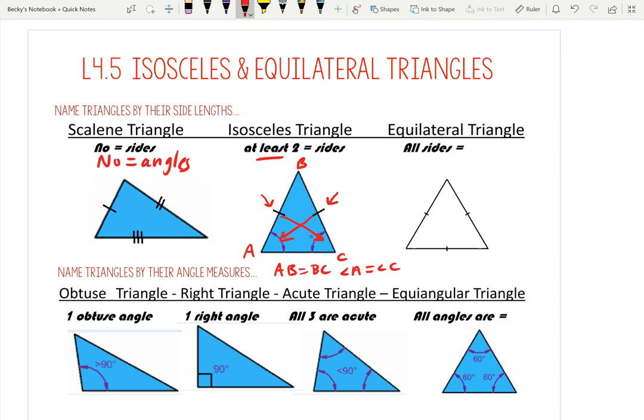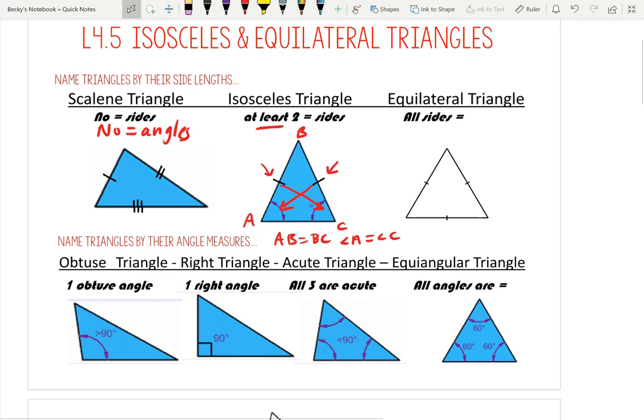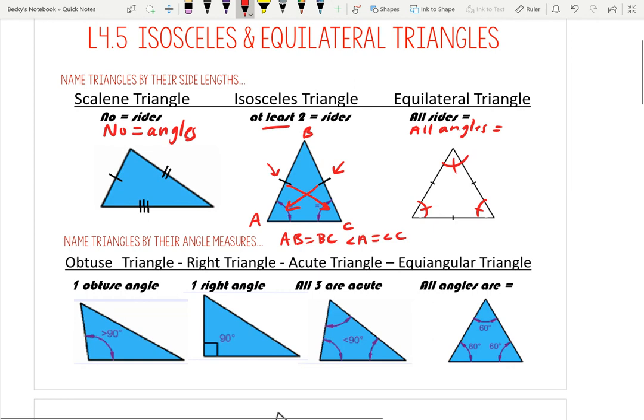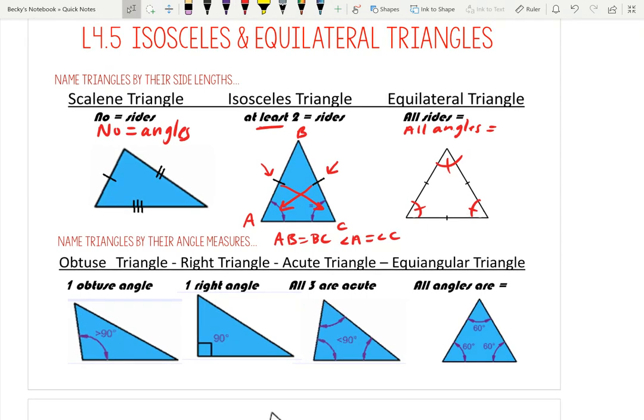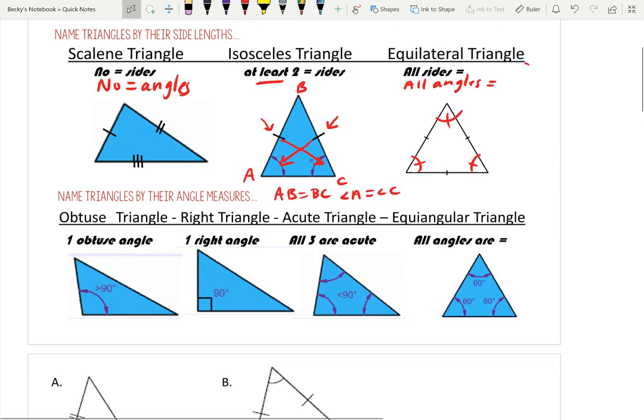And lastly, equilateral means all the sides are equal, so that means all the angles are also equal. Now, when all the angles are the same, we have a name for that, and let's just jump down, this is called equiangular.